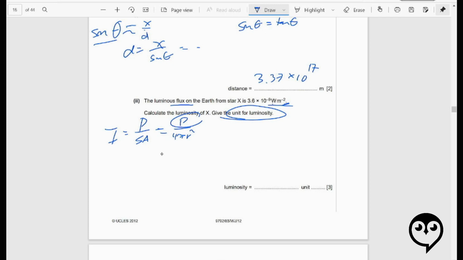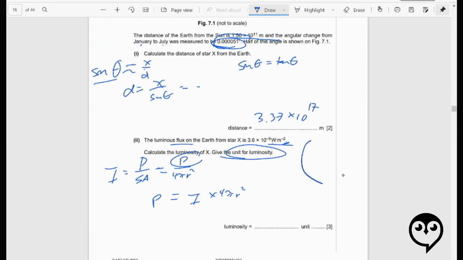So they want the luminosity, or you could say power. That's basically going to be the flux times the area. Plug in the numbers: the surface area of that sphere at a certain radius. We've got the radius from up above. We're going to square that and multiply by 4 pi. Just plug that all in.